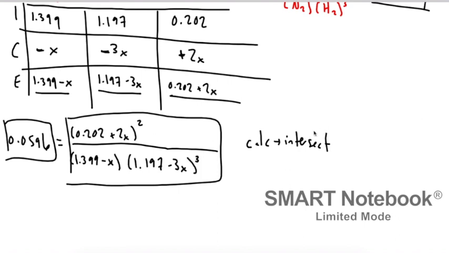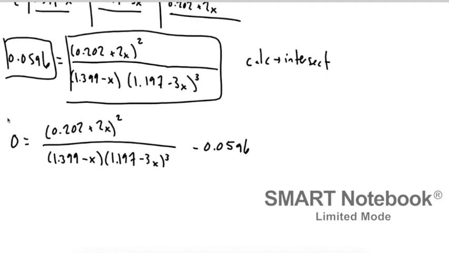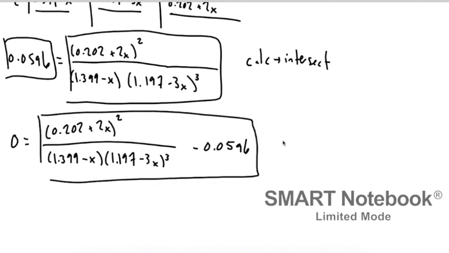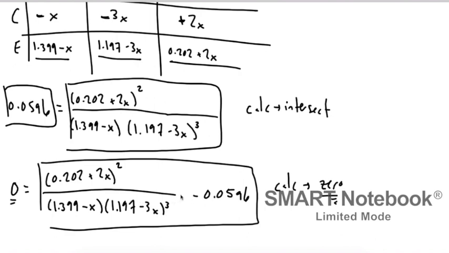Or your second option is to subtract this over so that you get 0 equals this, plug this whole thing into the y equals, and then go to calc and zero to see at what x equals 0. These are pretty much the only two strategies you have to solve this big monstrosity.